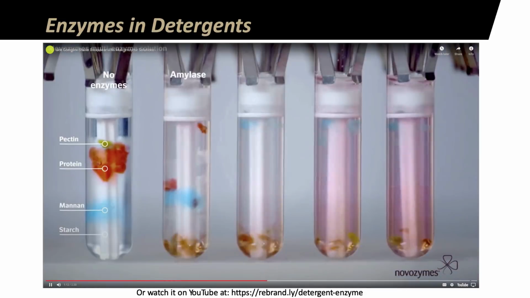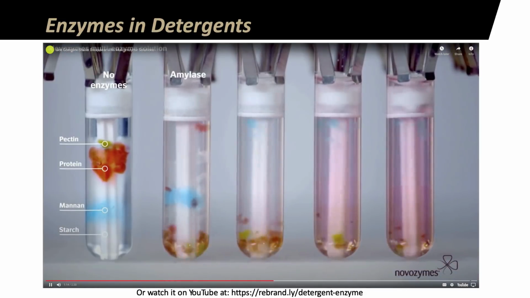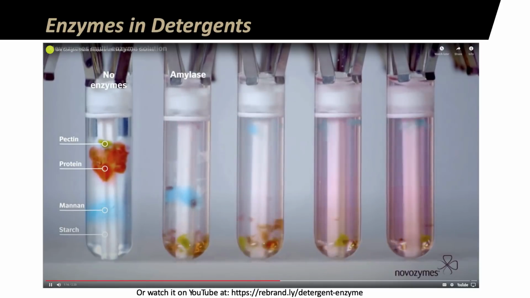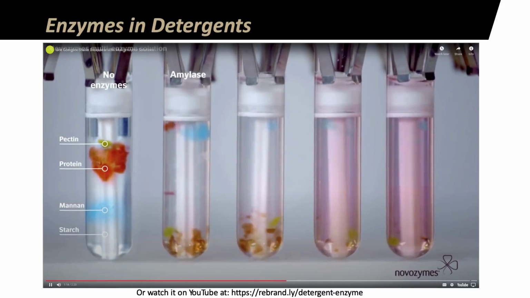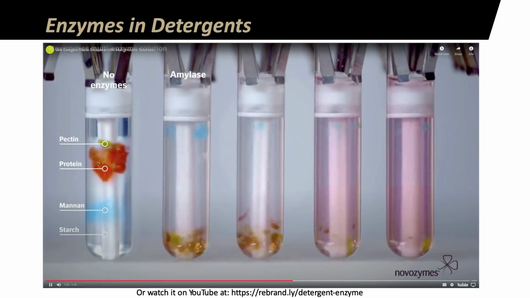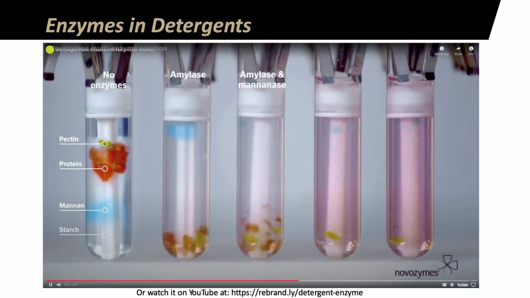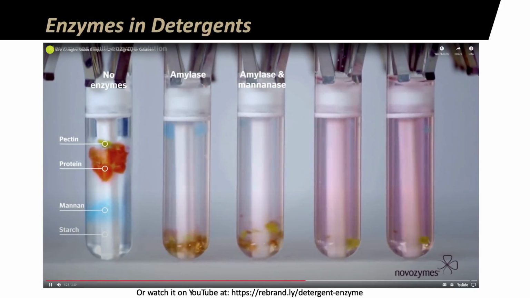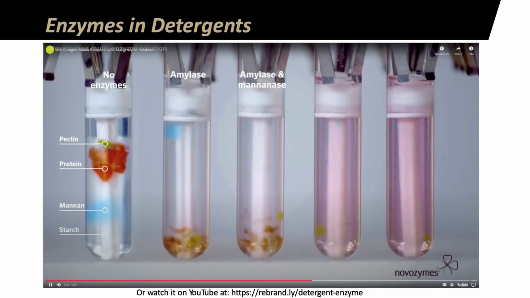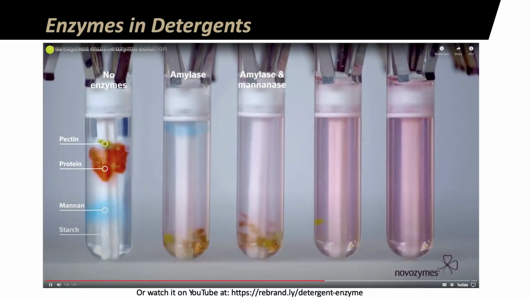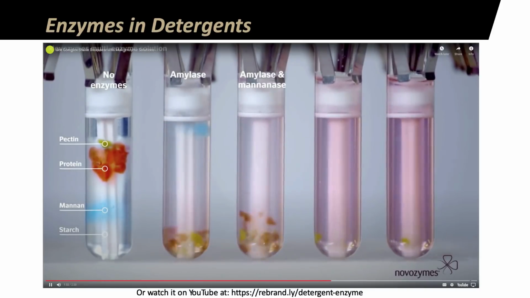The amylase in tube number 2, however, quickly breaks down the starch. Unless the detergent has more than just amylase in it, though, like the third test tube does, it can't cut up the rest of the stain. Here, the amylase cuts through the starch, giving the mayonnaise access to the mannan part of the stain.